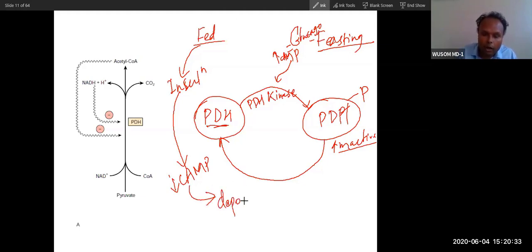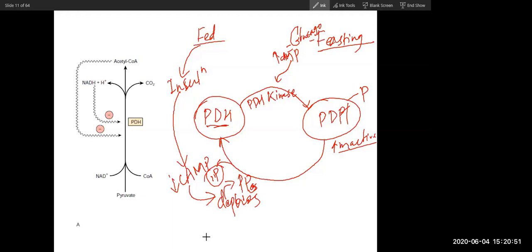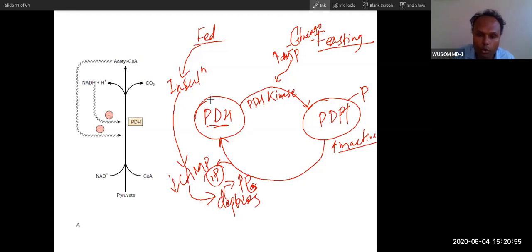Dephosphorylation. How? Through protein phosphatase, pyruvate dehydrogenase phosphatase, PDH phosphatase. This is a phosphatase, and it will release the phosphate group. Did you get this? Yes, sir. So insulin will cause dephosphorylation, and now when we get food, this will again be active during fed condition. So this is the mechanism.